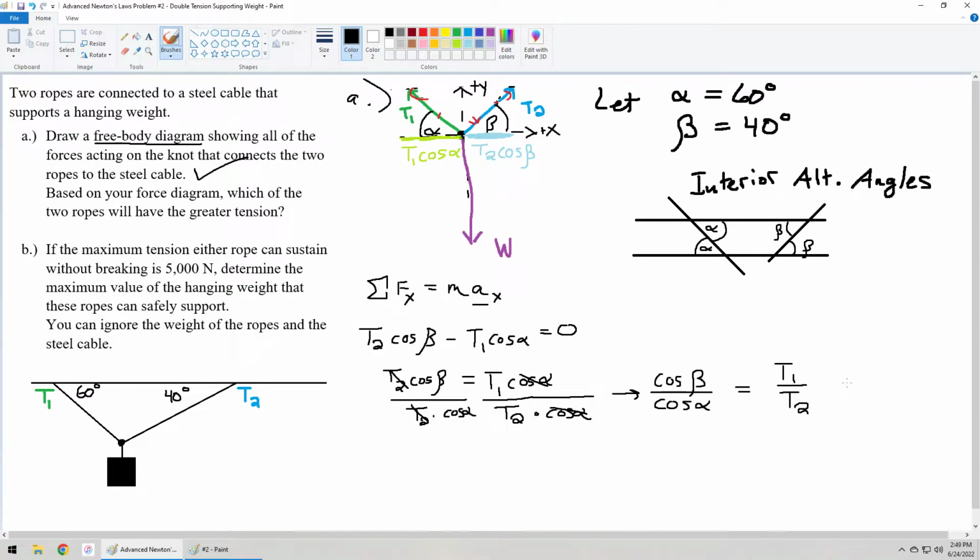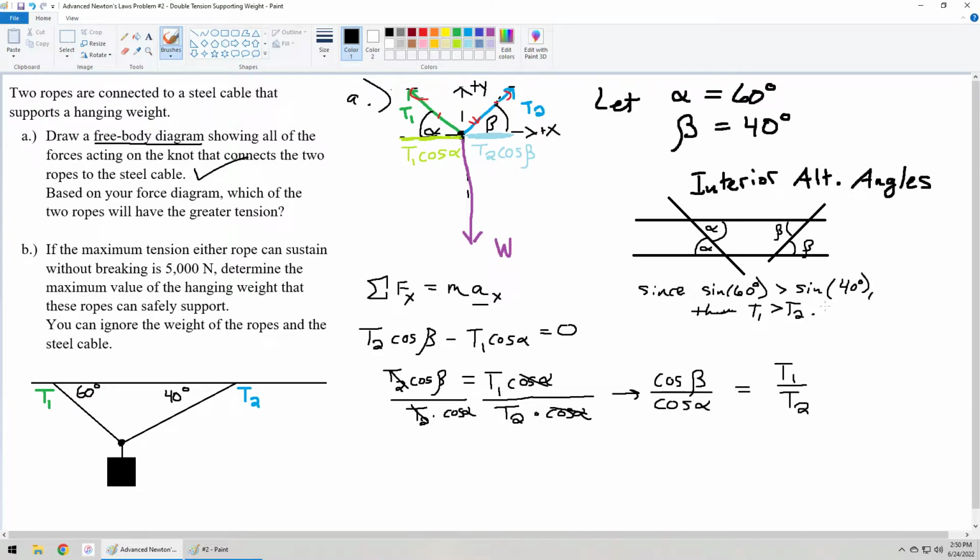Some people will look at the sine component of the tensions and conclude that, hey, since sine of 60 is greater than sine of 40, then T1 should be greater than T2.